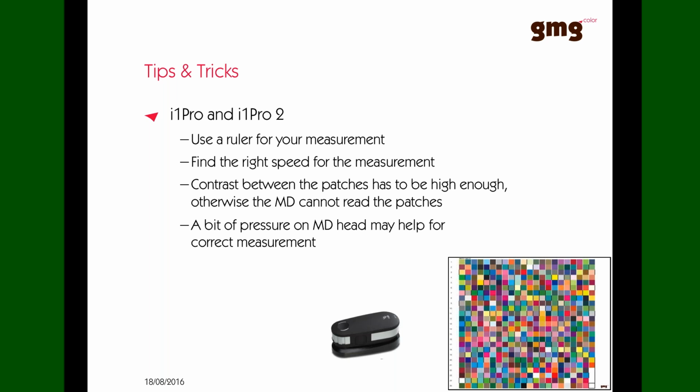So in this case, we recommend to use, for example, the i1IO table or another measurement device to do this. And when you are measuring, it usually helps to apply a bit of pressure on the measurement device head, just to get a correct measurement, to not get some stray light inside your measurement when measuring.